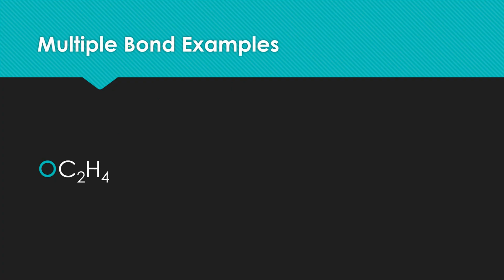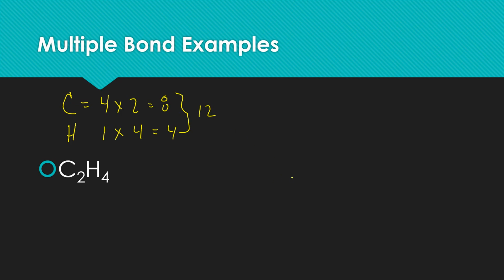Next, C2H4. So let's do this. Carbon has 4, so 4 times 2, 8 electrons. Hydrogen has 1, but there's 4, so that's 4 electrons. I have a total of 12 electrons to work with.